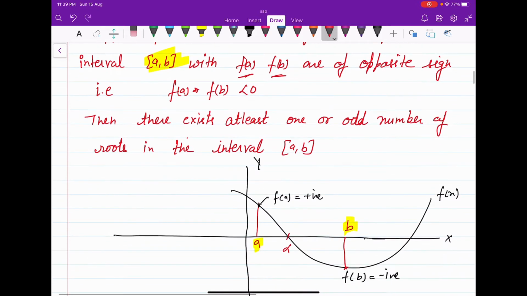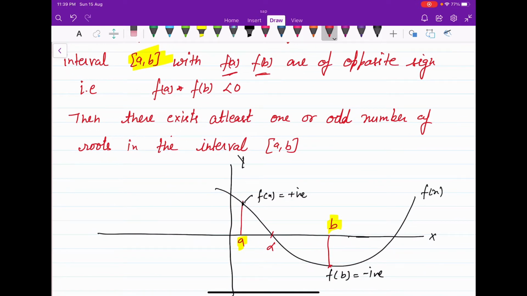Let us suppose the function is something like this. This is the function f(x), and it is crossing the x-axis at 2 points. Let us take 2 points about the root of the function, point a and point b. At a, the function value f(a) is positive. At point b, the function value is negative.